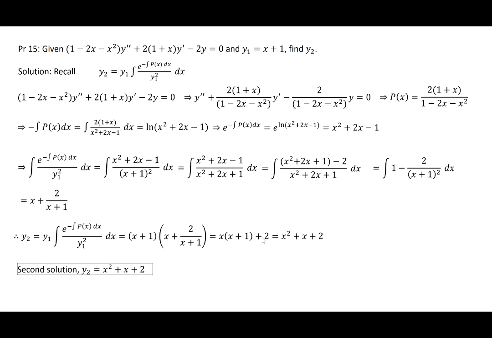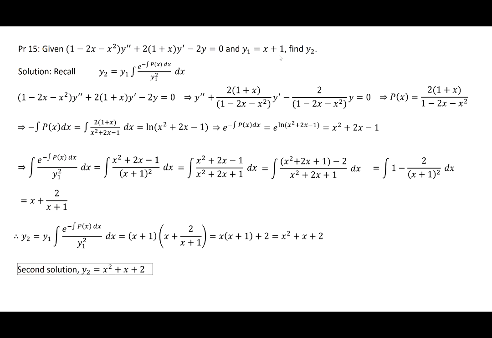Suppose I give you y1 equals x plus 1 and ask for a second solution, and you say, I'm going to multiply this by 2, and that's definitely a solution.